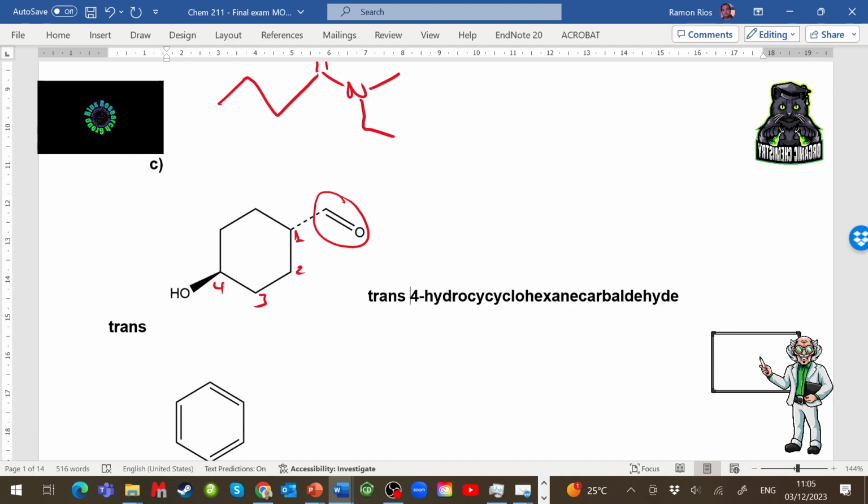Okay? If someone asks whether we have to put the stereochemical descriptors, that means if each center is R or S, this molecule is not chiral. It's a meso compound because we have a plane of symmetry. You can see it here.